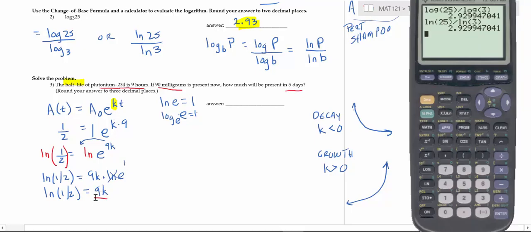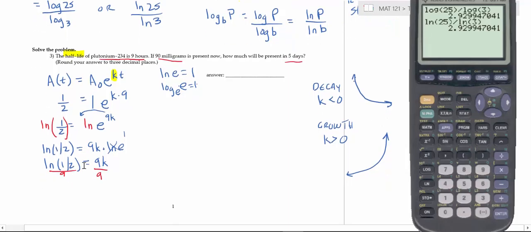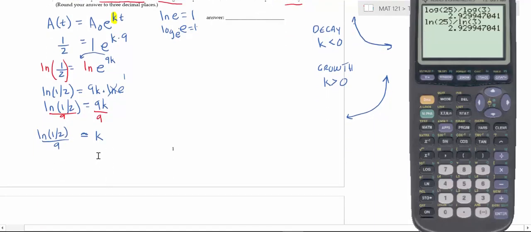Okay, then what I'm going to do is divide both sides by 9, and then I can have k is equal to the ln of 1/2 over 9. And I could go ahead and just take this on the calculator and round that off. I would use a lot of decimals on this if I did this, though. And you may very well get this in scientific notation.